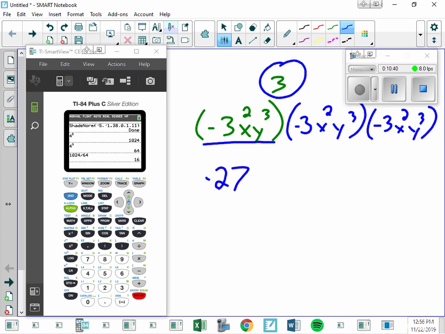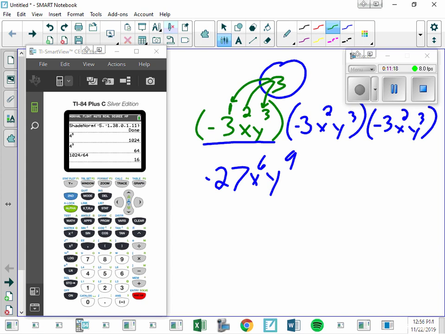How many x's? X to the 6th. How many y's? Y to the 9th. So the question is, what does this 3, and there's a 1 right there, do to each one of those exponents? It doesn't multiply the 3's or the x's or the y's. It multiplies the exponents. So 3 to the first becomes 3 to the third, which is 27. X squared becomes x to the 6th, and y to the third becomes y to the 9th.